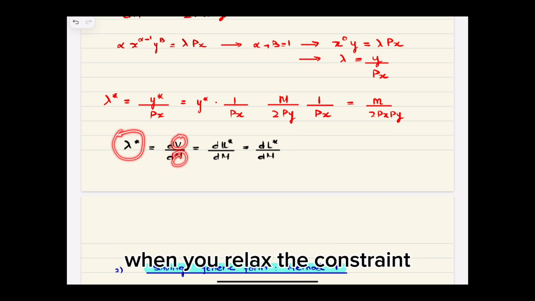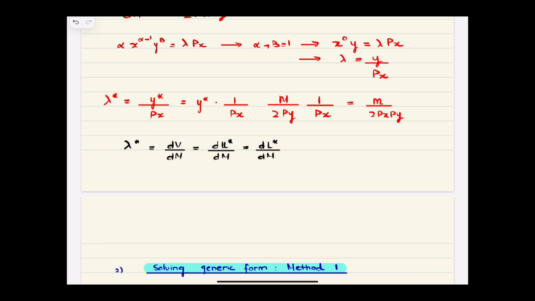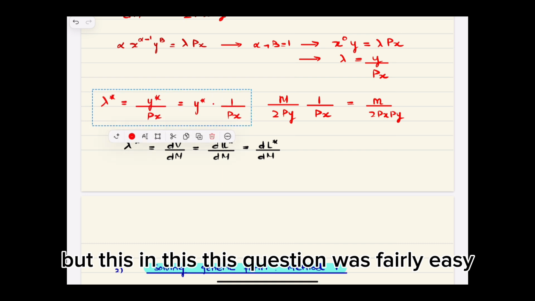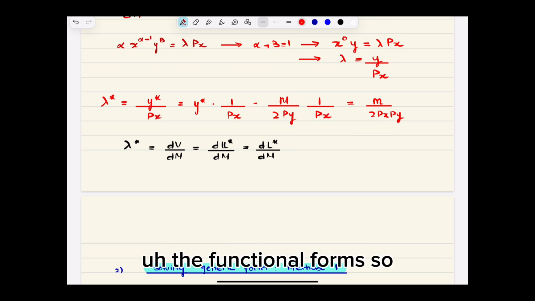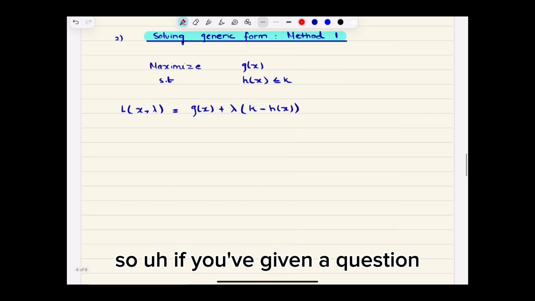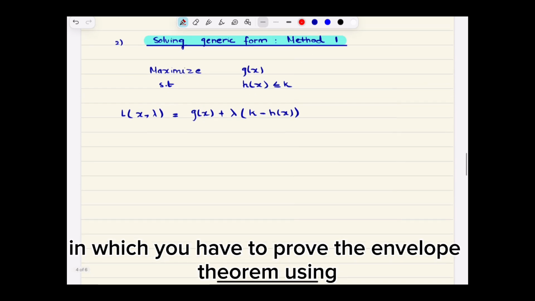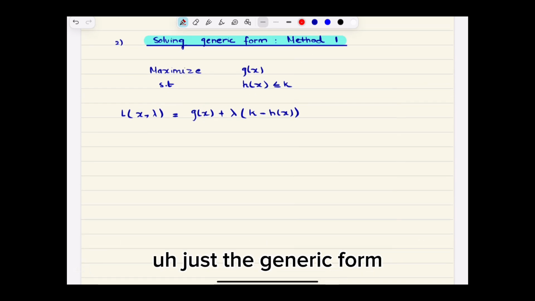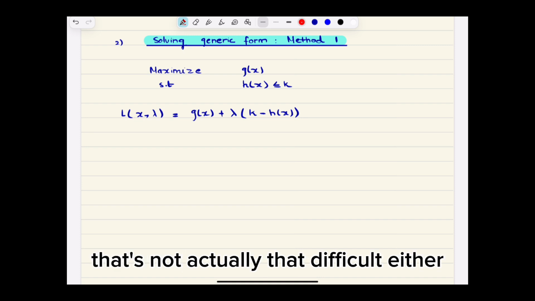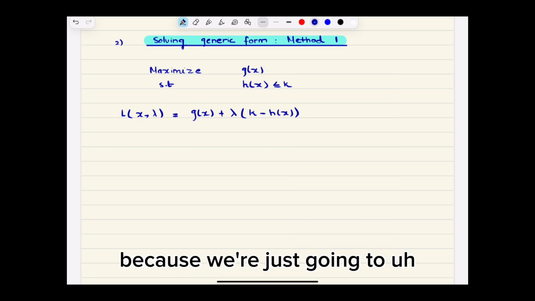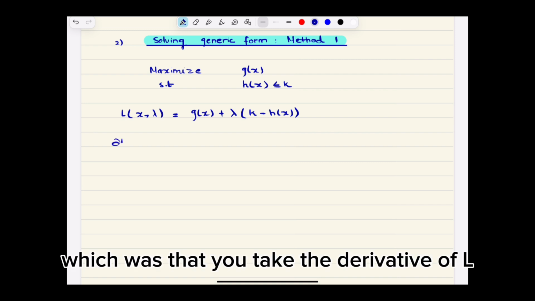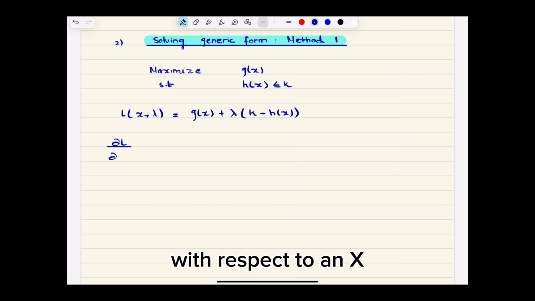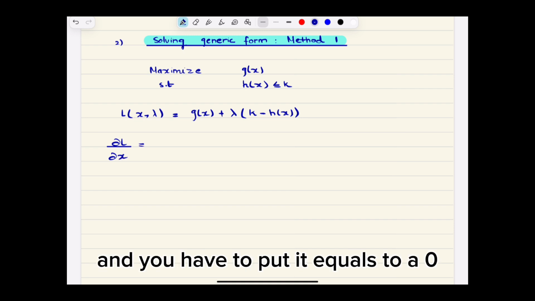This question was fairly easy because I had mentioned the functional forms. If you're given a question in which you have to prove the envelope theorem using just the generic form, that's not difficult either, because we follow the same thought process: you take the derivative of L with respect to x and set it equal to 0.